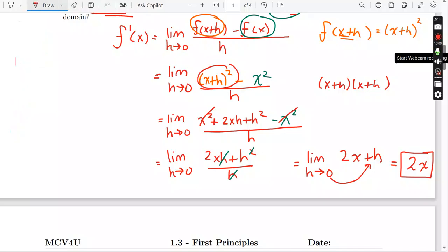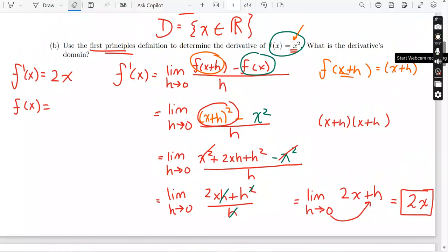What this value tells us is, f prime of x is going to be 2x, where f of x, the original, is x squared.